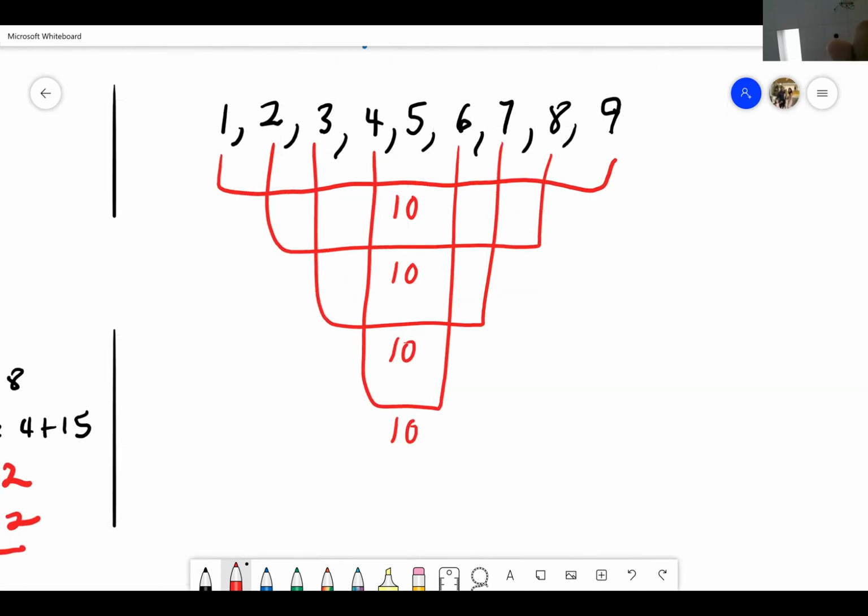And then we have a 5 left over. Oh, man. So this is really 4 times 10 plus 5. So it is 45, but that doesn't look like the formula before, right?